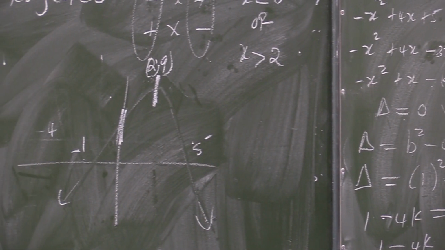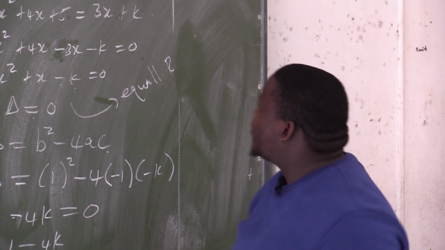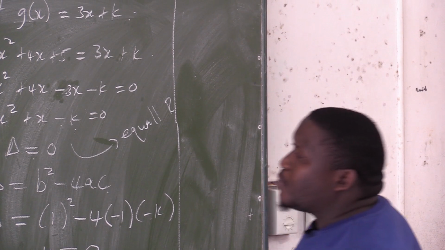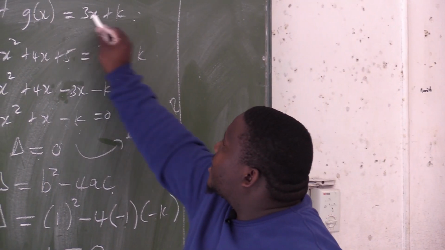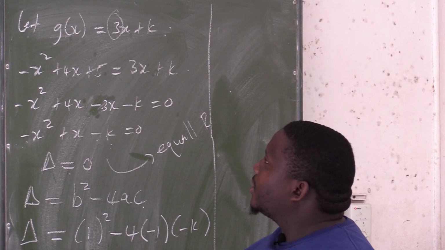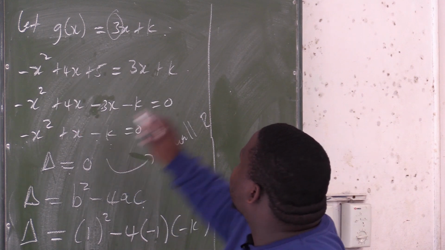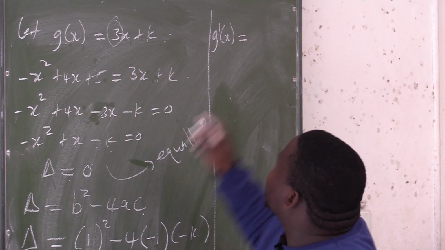Another approach will be to say, let us apply calculus. What if we apply calculus and respond to this question and say, this line here, we know the gradient. What is the gradient there? It's a 3. We then take the graph of g, we work out the derivative. What is the derivative here?